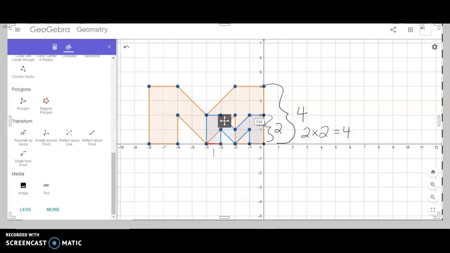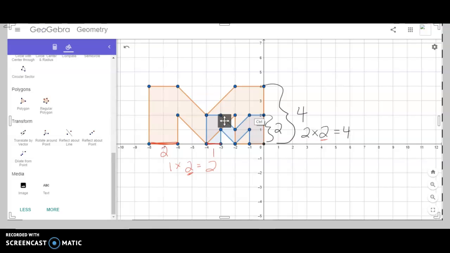And then the distance of the corresponding segment, that's important, the corresponding segment, the distance on the image is 2. So that also makes sense because our scale factor was 2, right? Same in both of these. I'm taking the pre-image distance, multiplying it by the scale factor, and I got a distance of 2 on the image. That works. So I'm going to go ahead and say that that is a property that should hold.